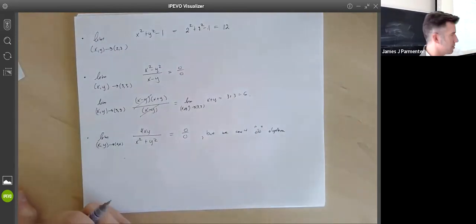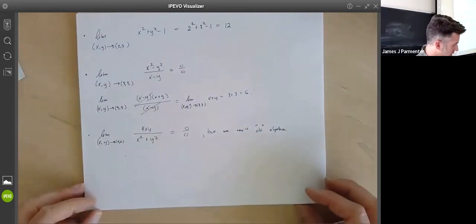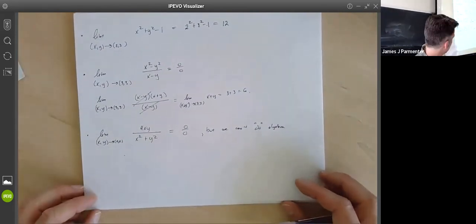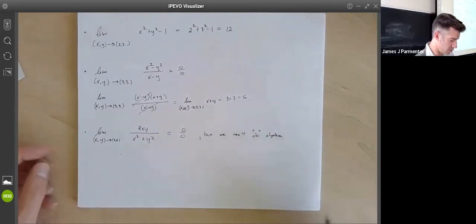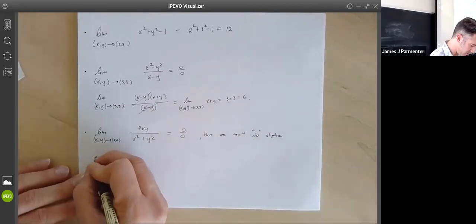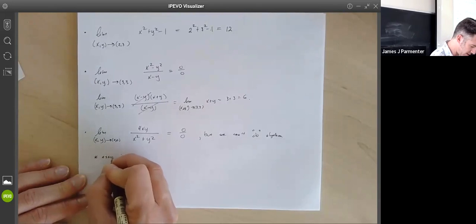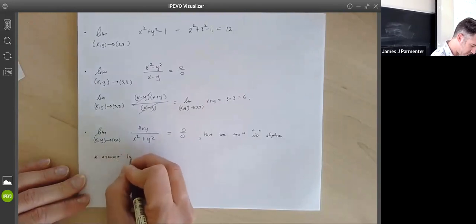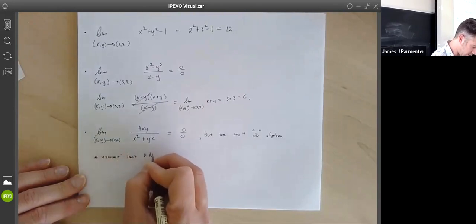There's nothing we can do about this. So here's what we're going to do instead. Typically, we're going to usually assume the limit doesn't exist and then try to show it.